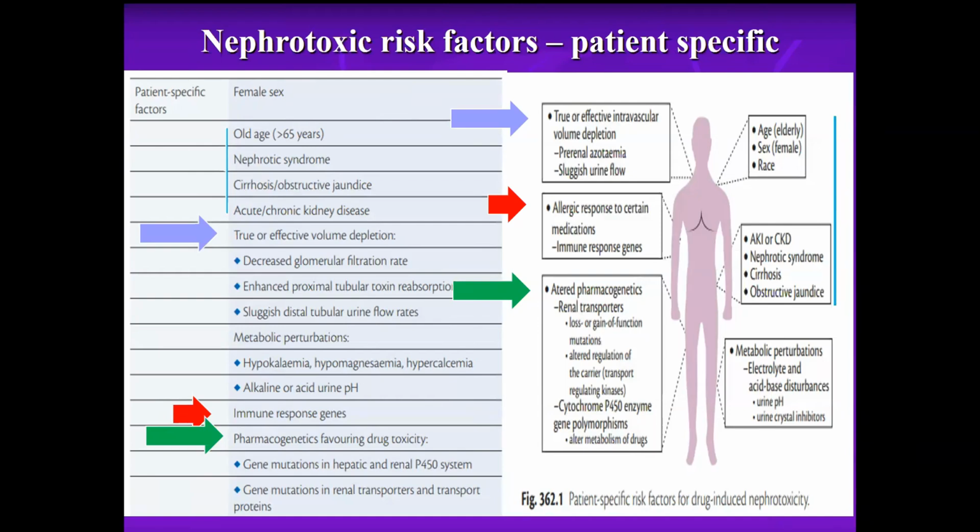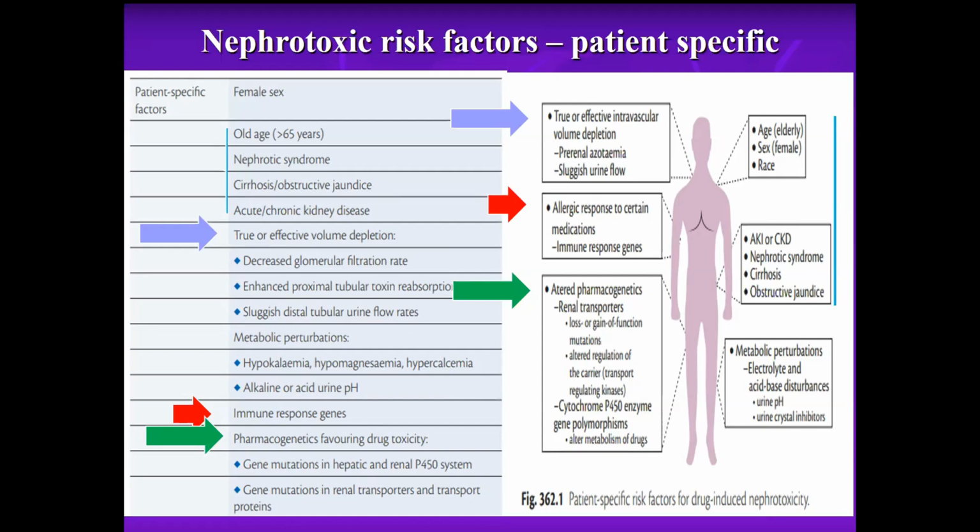The immune response is also important, depending on the patient's immune response genes, and your pharmacokinetics favoring drug toxicity, depending on your renal transporters, and on the function of your cytochrome P450 enzymes and so forth.